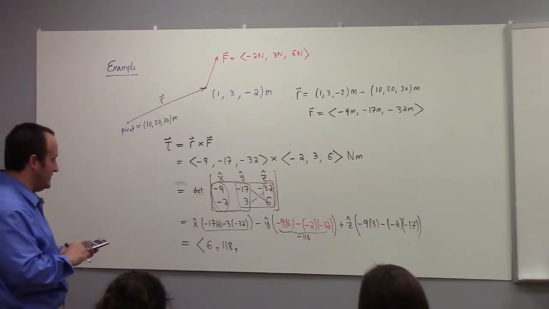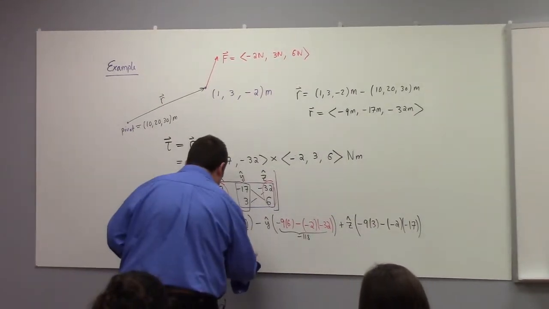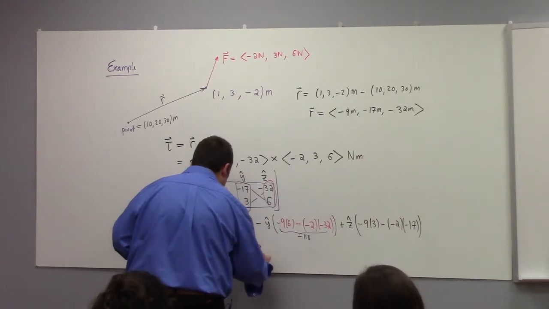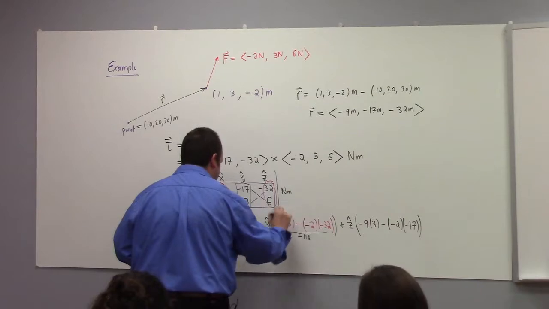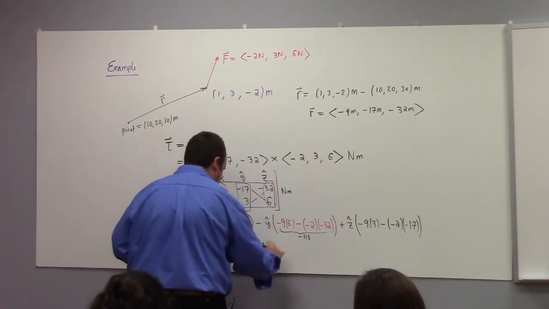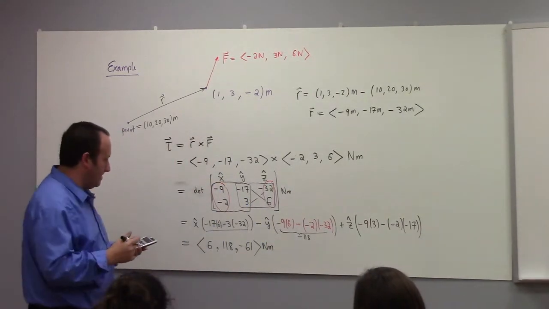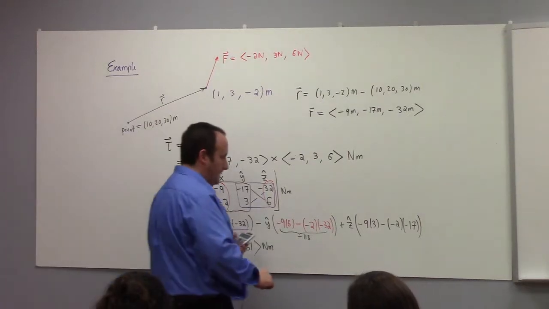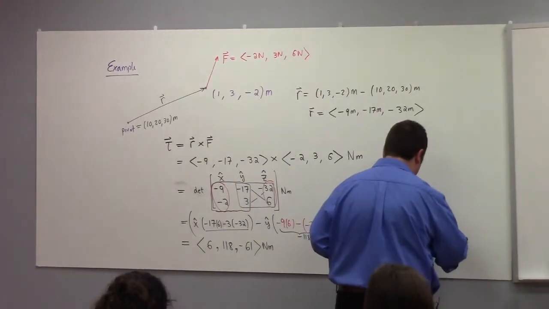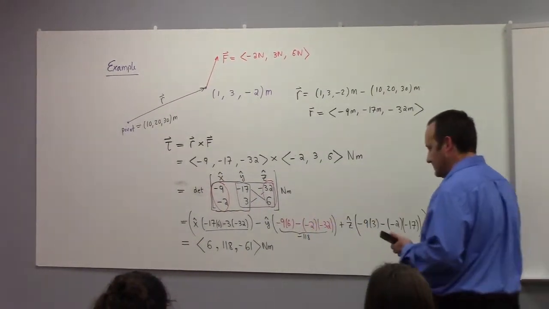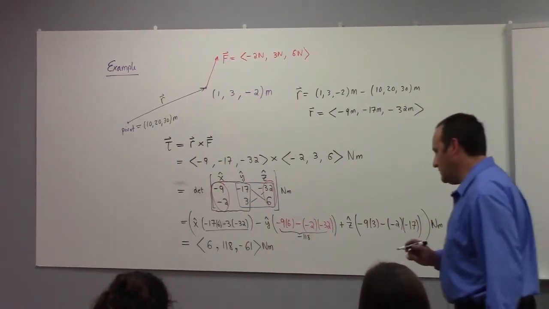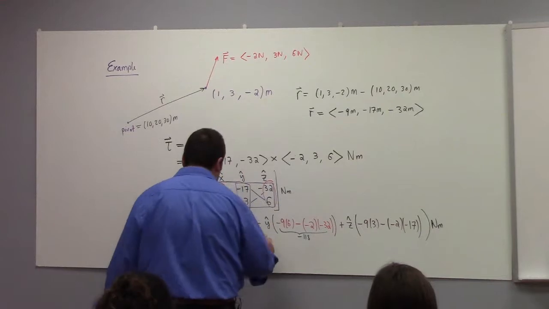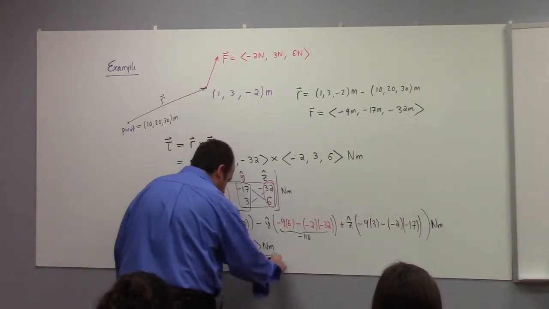So I get a minus 61 over there if I'm not wrong. And of course, the units on this thing are Newton meters. So torque is a vector, and in this case, it works out to 118, and minus 61 Newton meter.